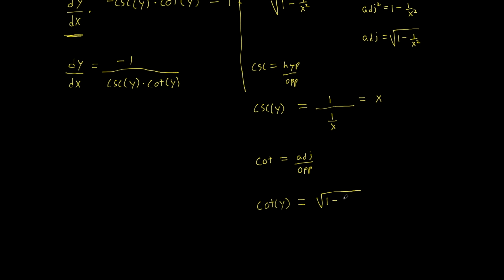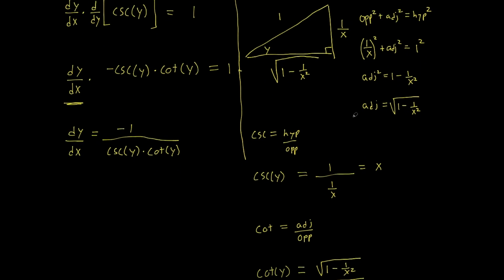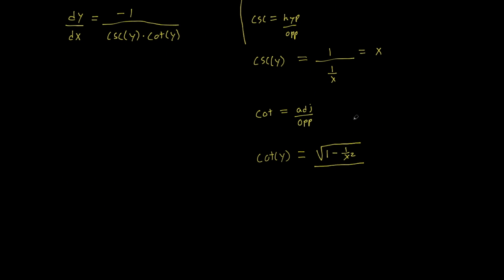So square root of 1 minus 1 over x squared, and then over the opposite side, which is going to be equal to 1 over x. So we have 1 over x. And that's going to be equal to x times the square root of 1 minus 1 over x squared.